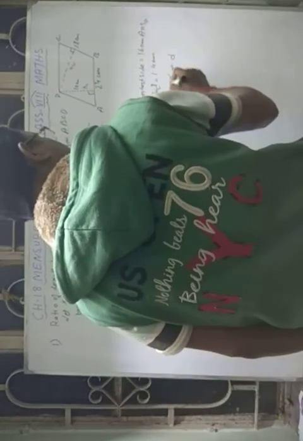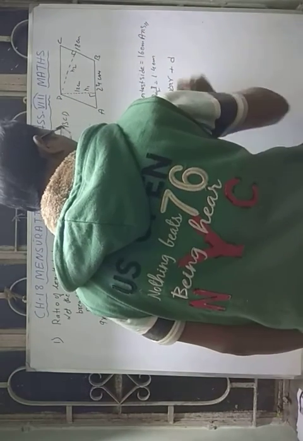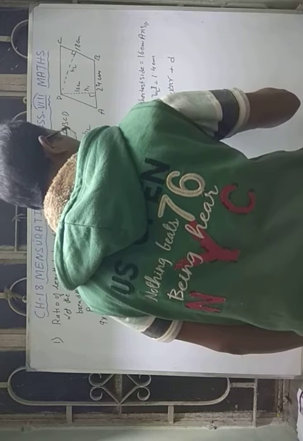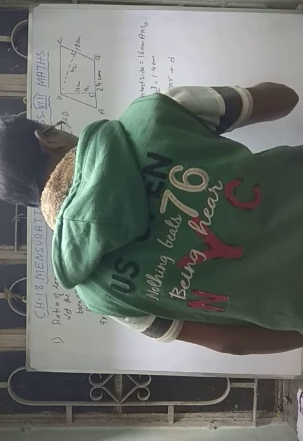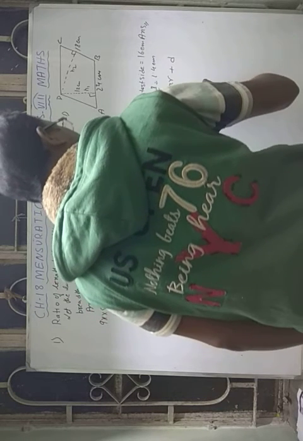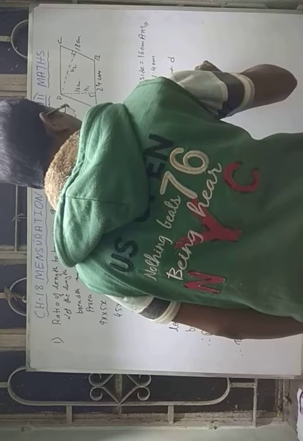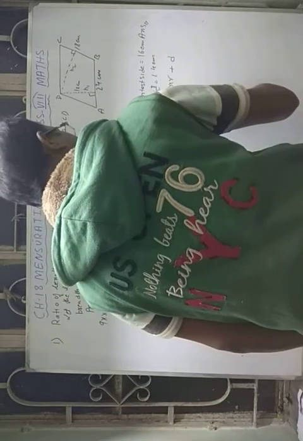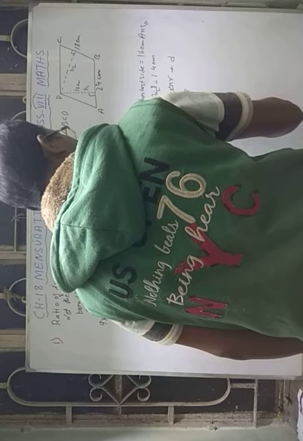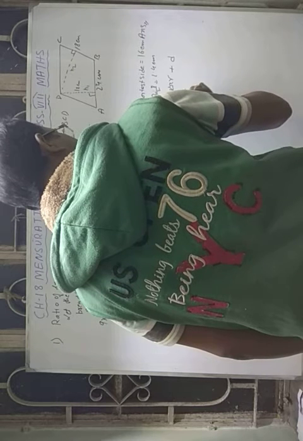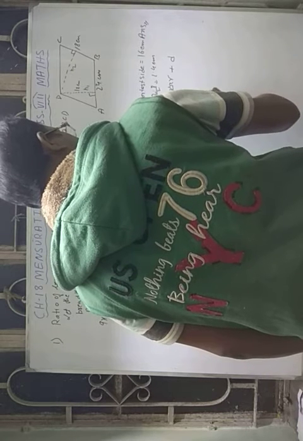Now 2 cancels. So in place of pi, you can write 22 by 7, and the radius is 1.4, plus the diameter 2.8, which is already given in the question. Now 7 1s are 7, 7 2s are 14, 2 1s are 2, 2 5s are 10.